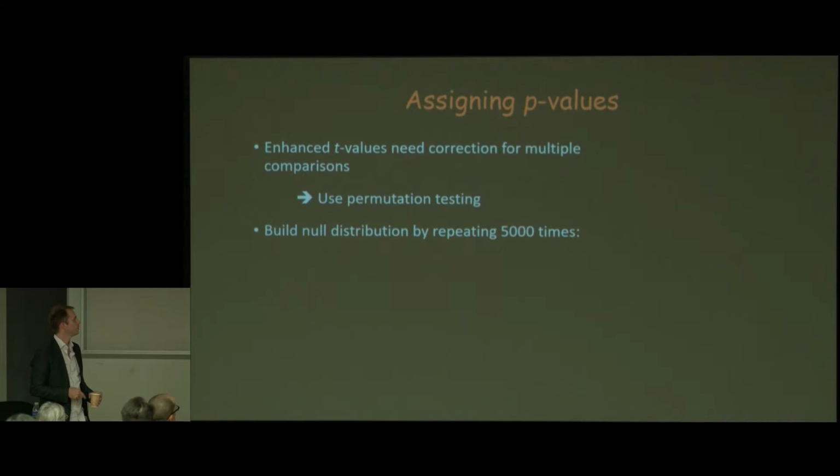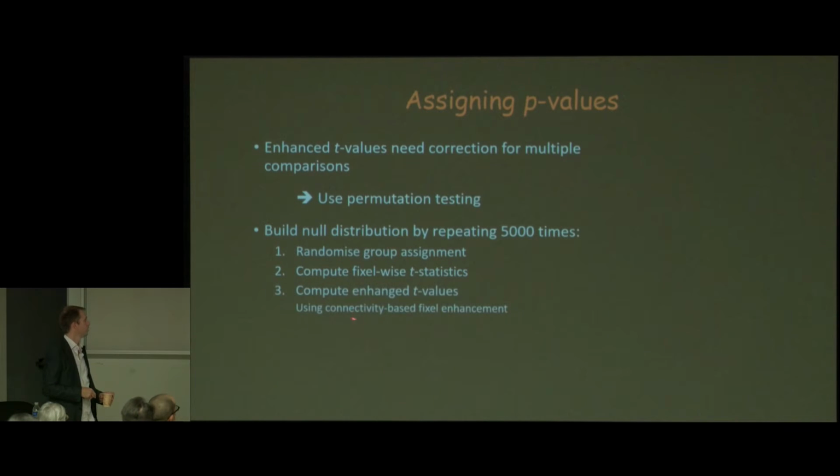So the way that works, very briefly, I'm not a massive expert on this particular topic, but we can build a null distribution by getting something like 5,000 repeats, but it could be more than that, where you randomize the group assignment, compute your fixel-wise t-statistics based on that random assignment, compute your enhanced t-values using the framework that I just talked about, and then you record the maximum enhanced t-value over the entire image.